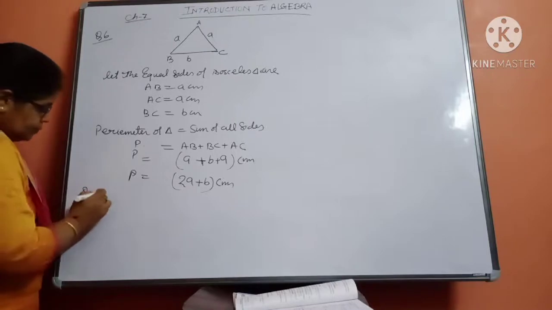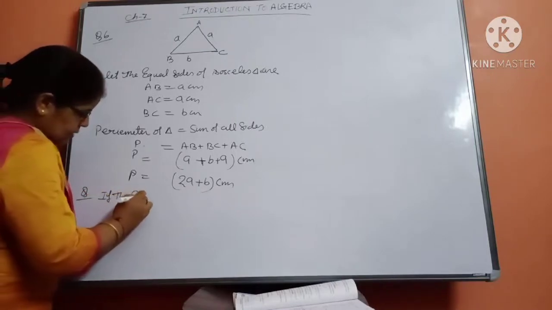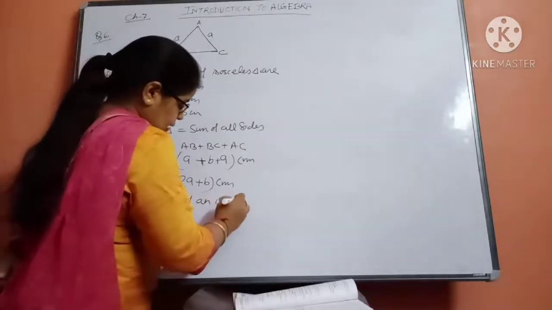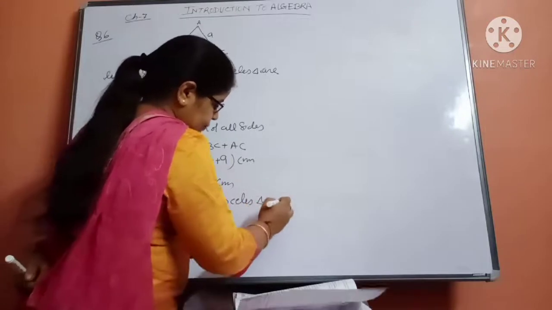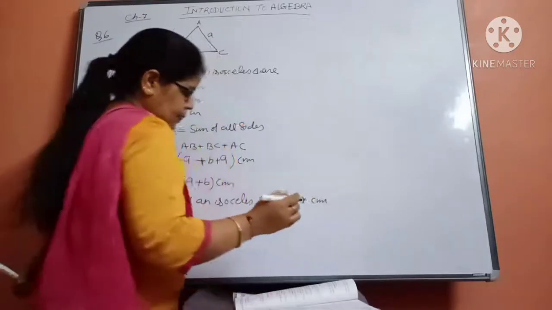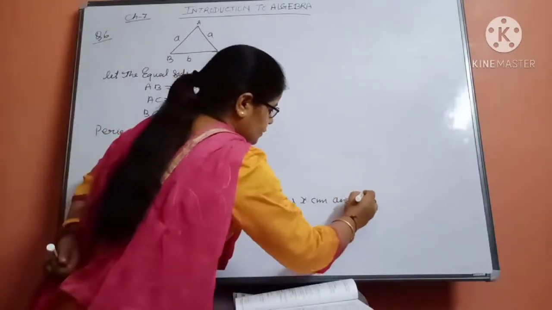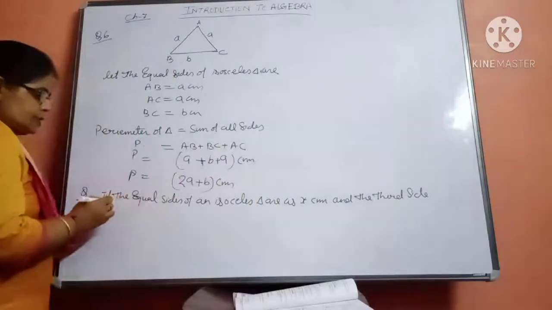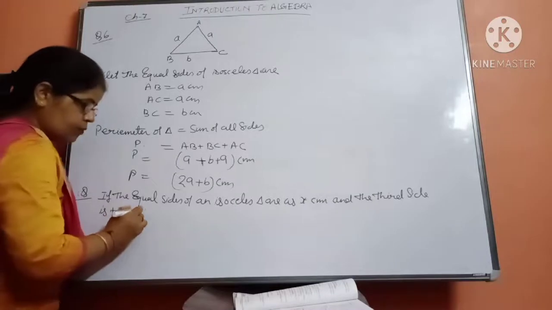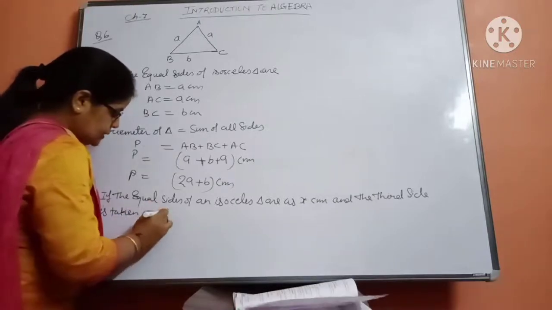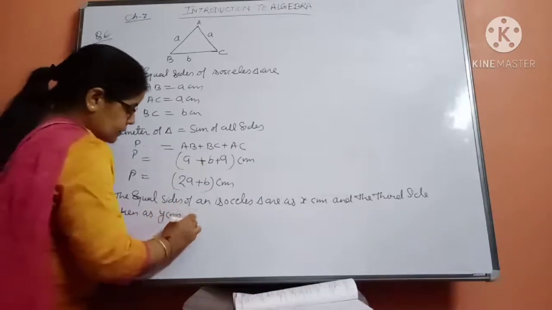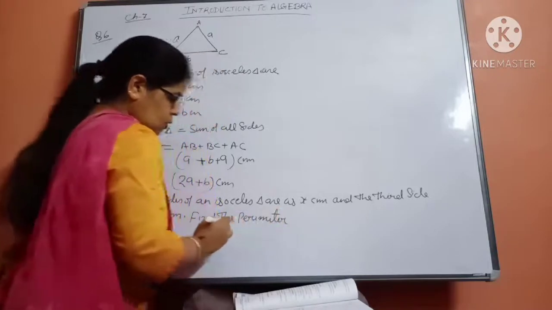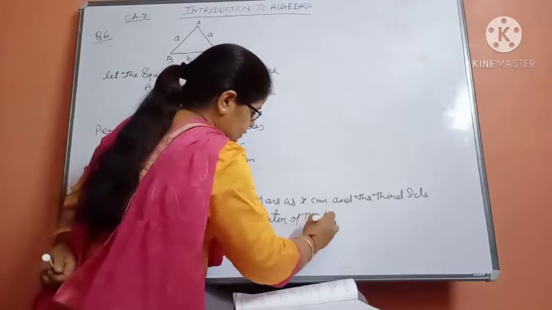Write the question: if the equal sides of an isosceles triangle are x centimeter and the third side is taken as y centimeter, find the perimeter of the triangle.